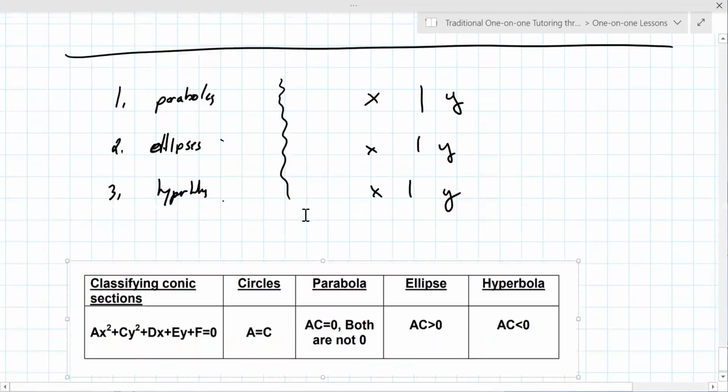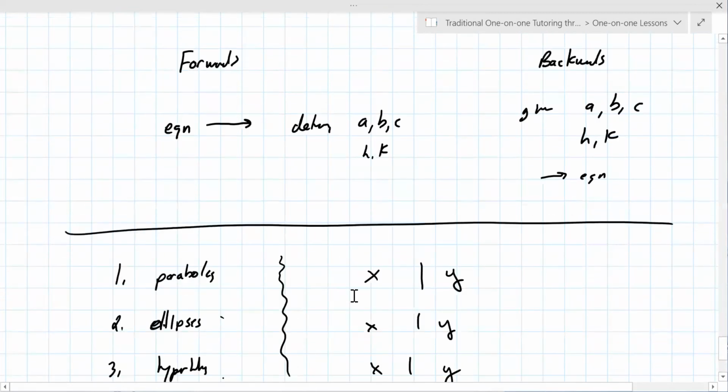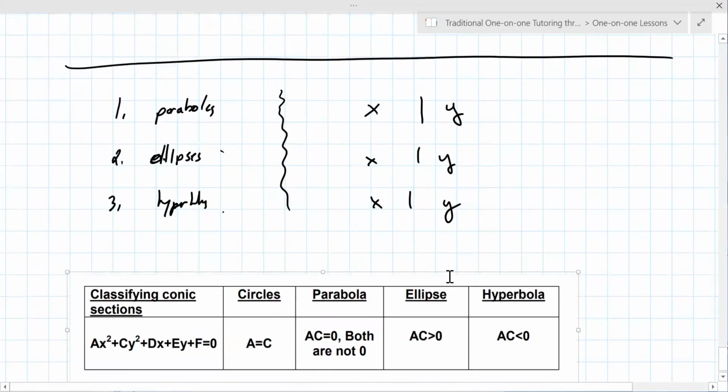If you're still struggling with which is an X and a Y ellipse, long versus short, I would go to Desmos and just graph them until you understand what changes it, what pulls it left and right, up and down.